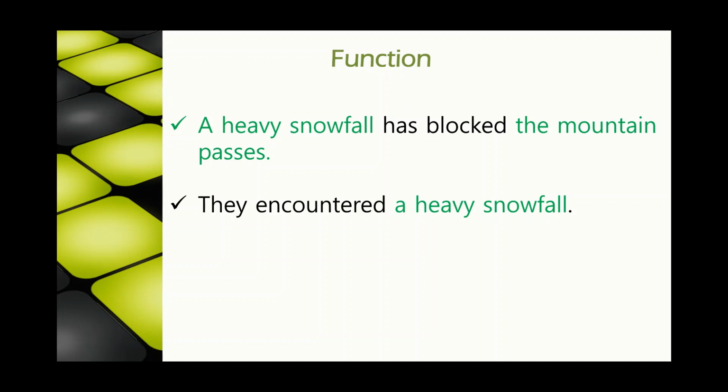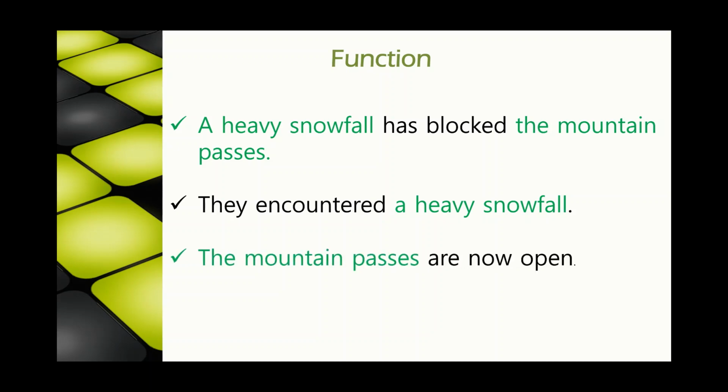Consider this example. They encountered a heavy snowfall. Now again, a heavy snowfall, this is a noun phrase. And in the previous example, it played the function of a subject. However, in this sentence, it is considered as the object.